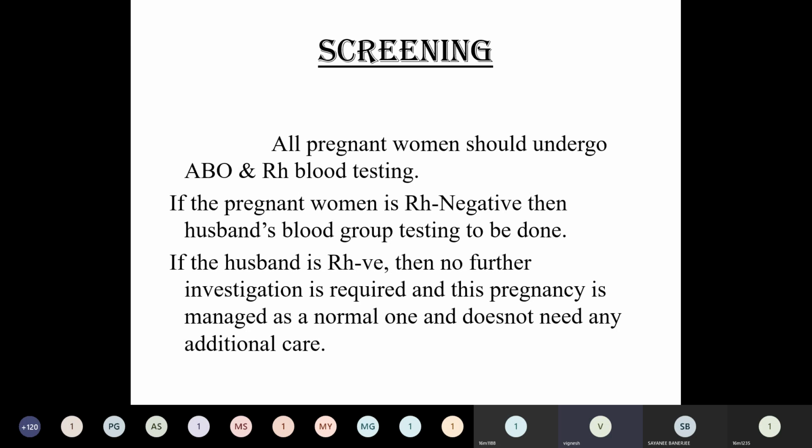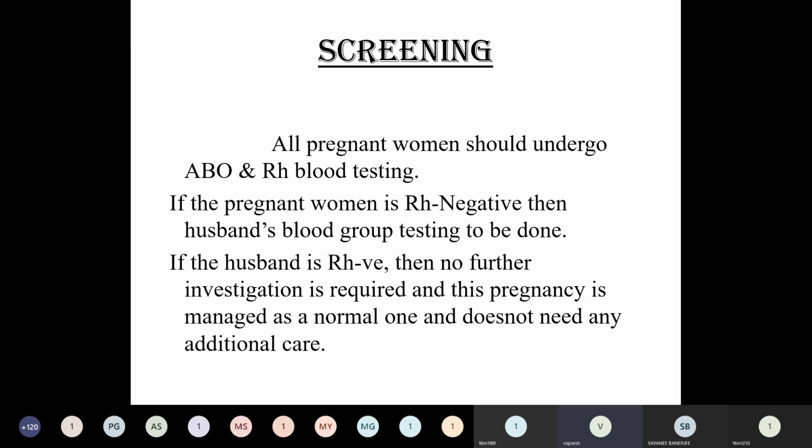Now, how do you screen these Rh negative women? All pregnant women, as soon as she comes for an antenatal visit, should undergo ABO and Rh blood testing. If the lady is Rh positive, then there is no need. She goes for routine antenatal care and she's a low risk pregnancy.